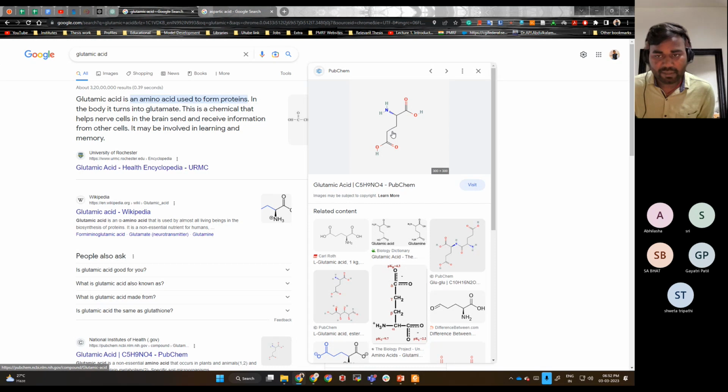As you increase the carbon length, it will be more non-polar. But both, aspartic acid and glutamic acid, will have a higher pKa value than acetic acid, right?